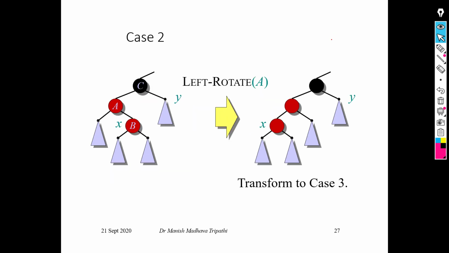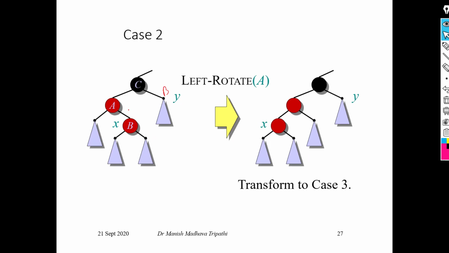Again in case number 2, what we do here: I said that the uncle is black. So in this case this uncle Y is black. This uncle is black here because B is the right child of its parent. If B is the right child of its parent, therefore it will be case number 2.